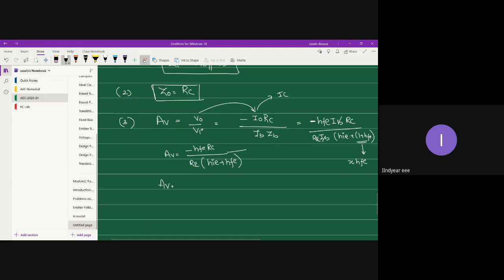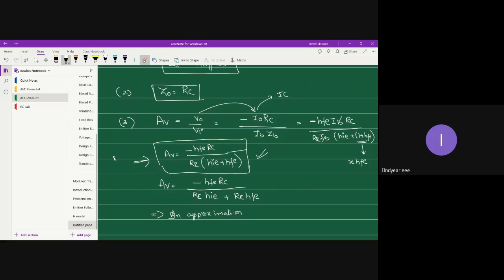Or you can write AV is equal to minus HFE RC divided by RE into, opening the bracket, HIE plus RE into HFE. You can just keep this as your expression, okay?